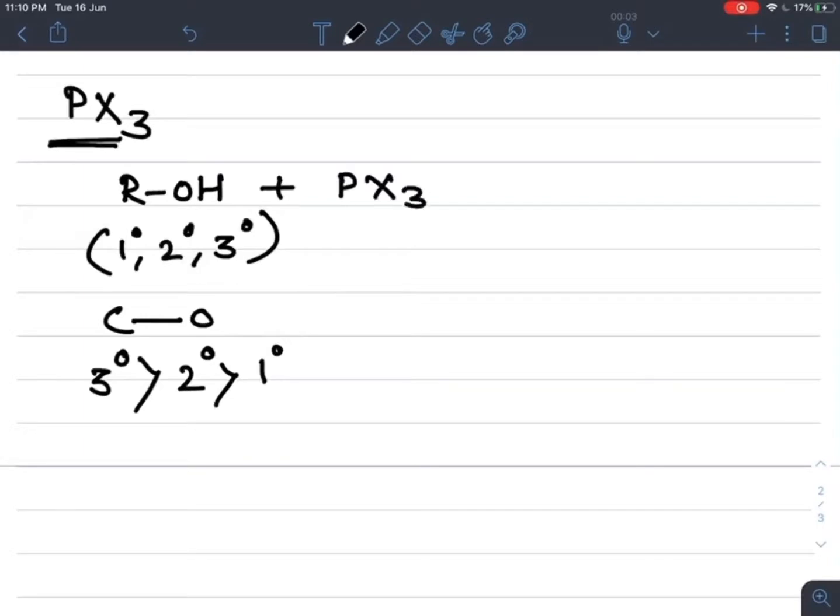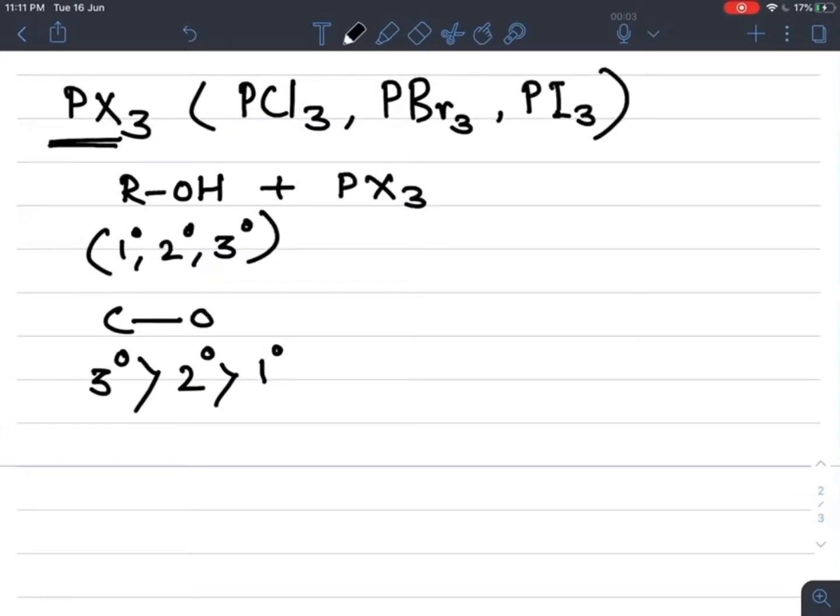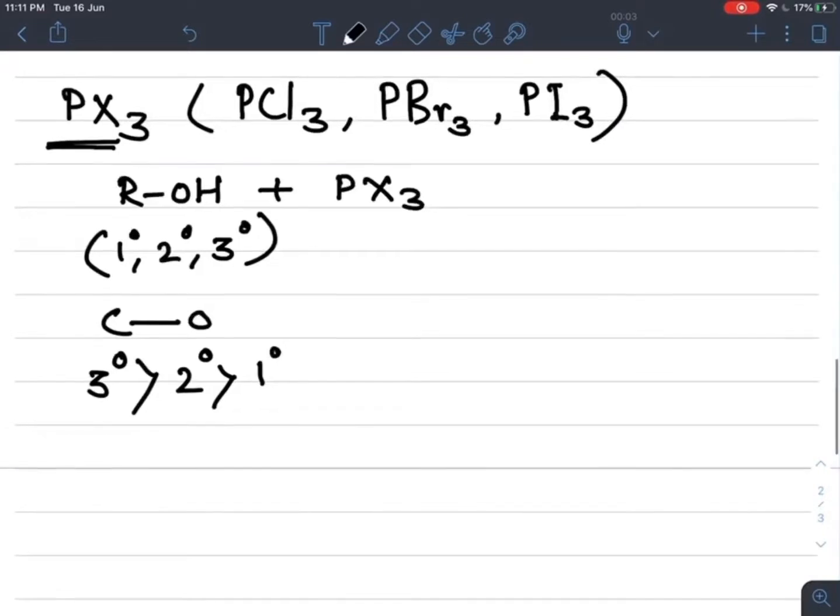PX3, so what is PX3? PX3 means it is either PCl3, phosphorus trichloride, phosphorus tribromide, or phosphorus triiodide, PI3. Okay, PCl3, PBr3 or PI3.